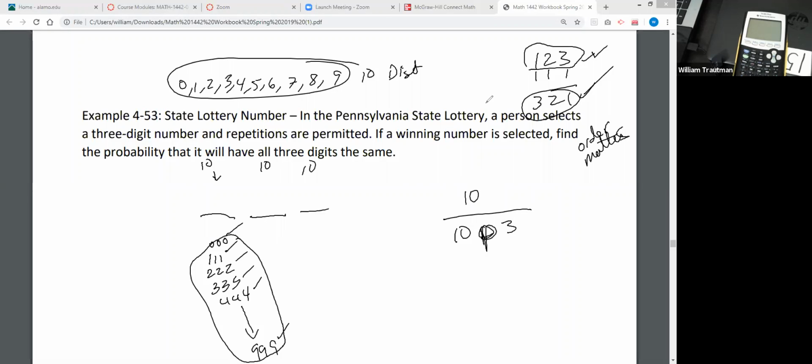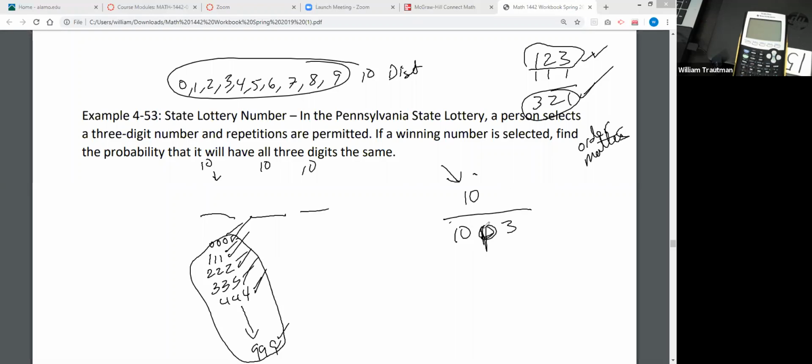So we just put a 10 on top here because it says find the probability of getting all digits the same. Well, there are 10. You can pick 0, 0, 0, 1, 1, 1, 2, 2, 2, 3, 3, 3, 4, 4, 4, up to 9, 9, 9. 10, and these are all the other probabilities of the permutations down below.